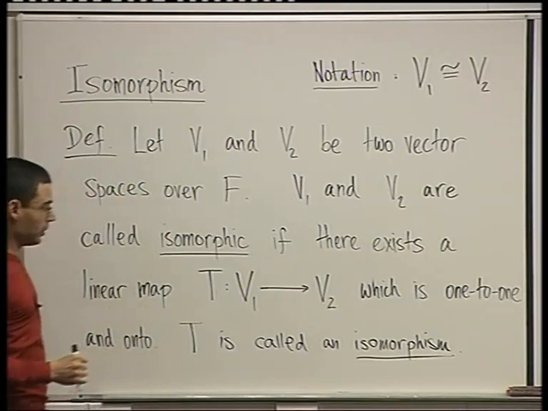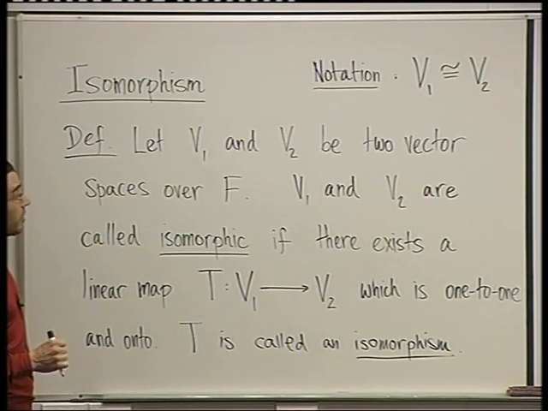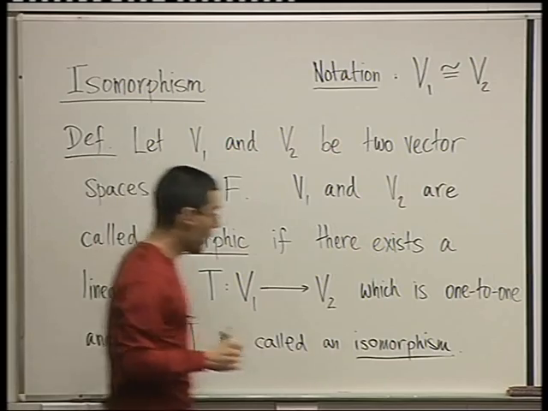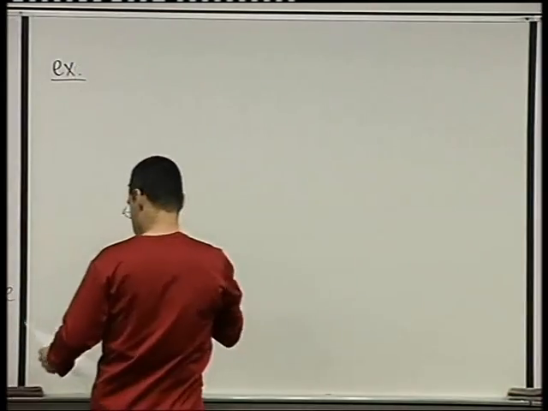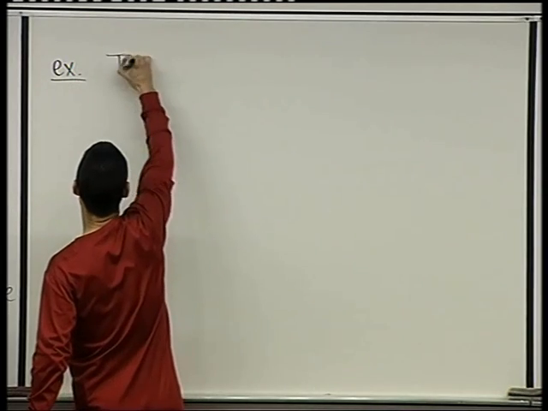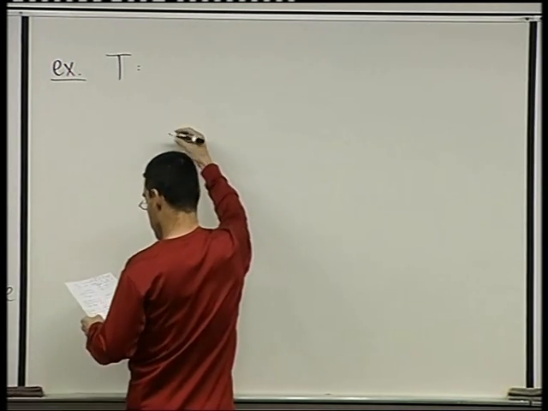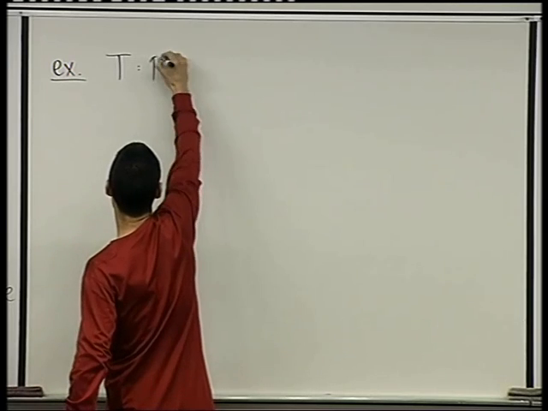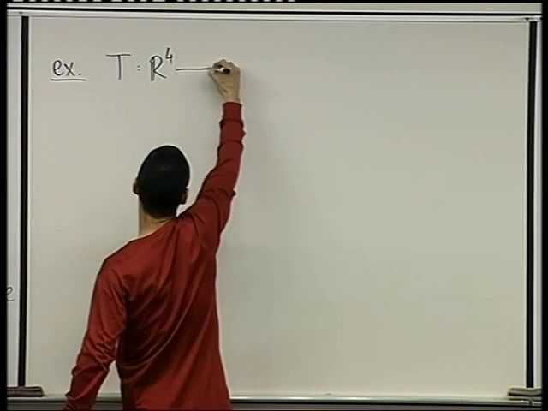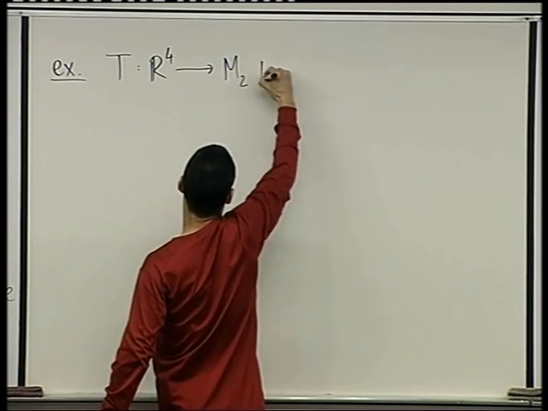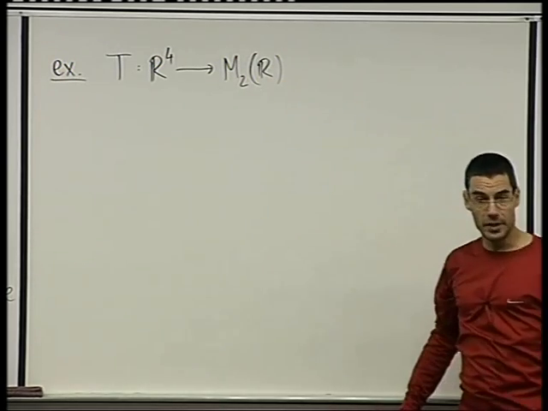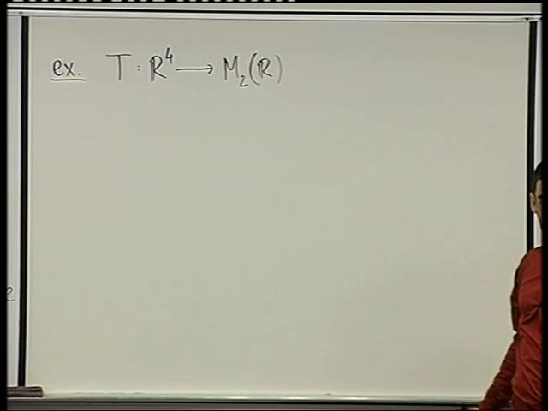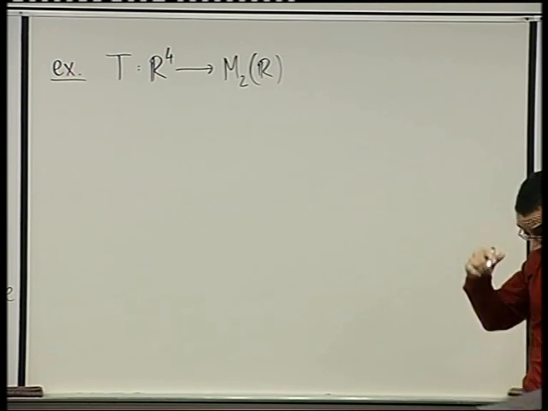Okay? So let's give some examples before we discuss this a bit further. Here's our first example. Here's a map T going from R4 to M2R. R4 is 4-tuples of real numbers, and M2R is 2 by 2 matrices over the real numbers.